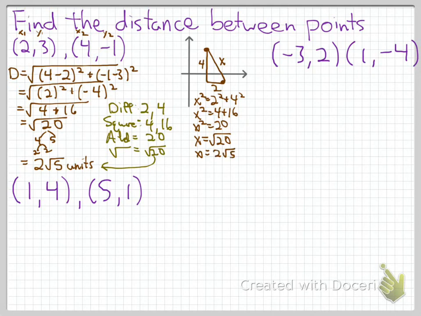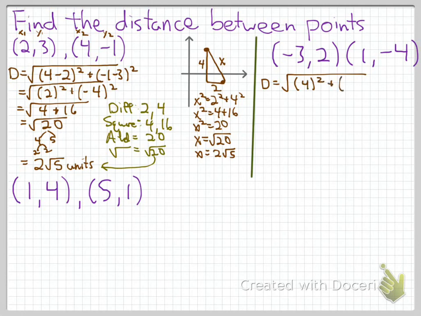So in all the cases we got the same answer. It doesn't matter which one you go through, and you're going to notice these patterns that occur with it to get to the correct distance. So for this next one, I'll just kind of skip through here. I'm going to take the difference of the two. Negative 3 to 1 is 4, so that's going to be 4 squared.